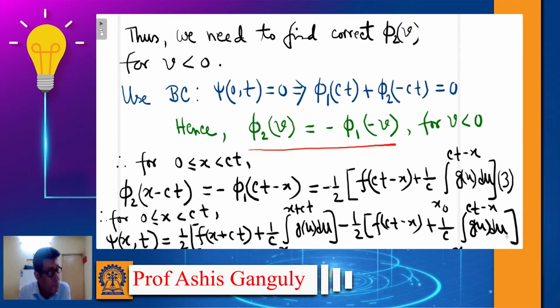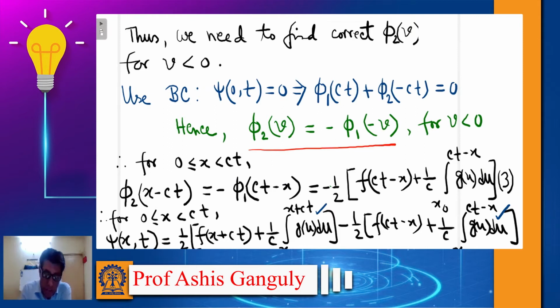Okay. So now we can group these two integrals, x0 to x plus ct, and this minus can be absorbed here to take ct minus x to x0, so that x0 will disappear as before.